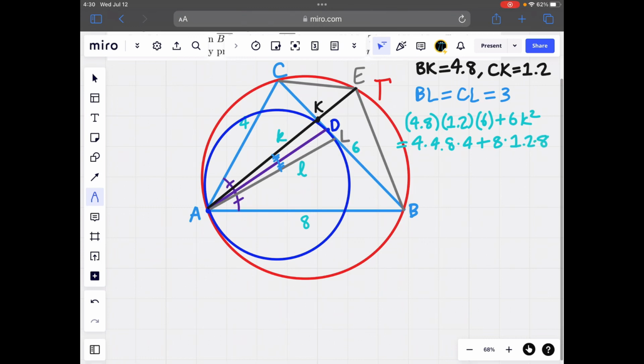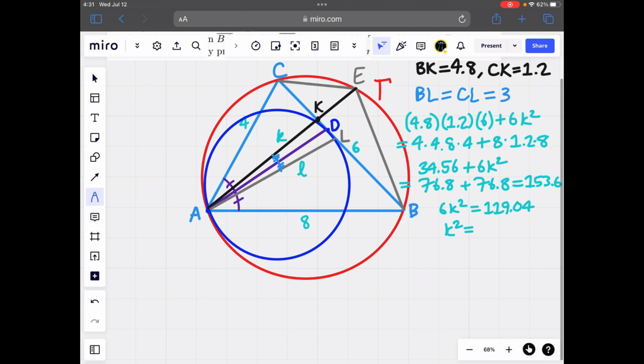And 4.8 times 1.2 times 6 is 34.56, plus 6k squared equals 4 times 4.8 times 4, which is 76.8, and 8 times 1.2 times 8, which is 76.8 as well, so this is equal to 153.6. So we have 6k squared equals 153.6 minus 34.56, which is 119.04.